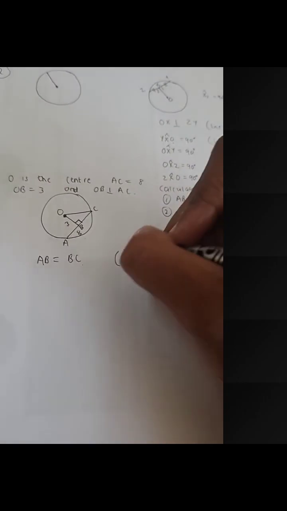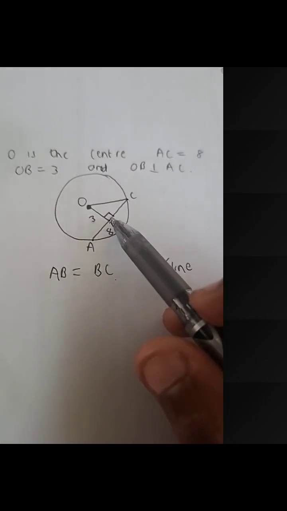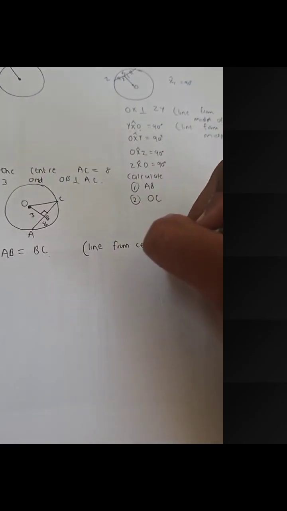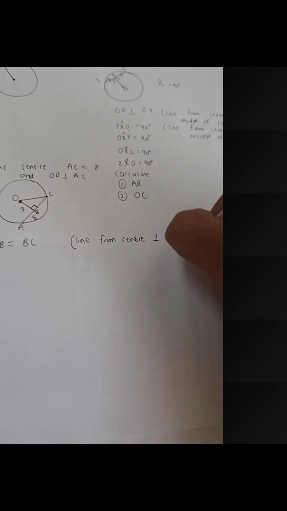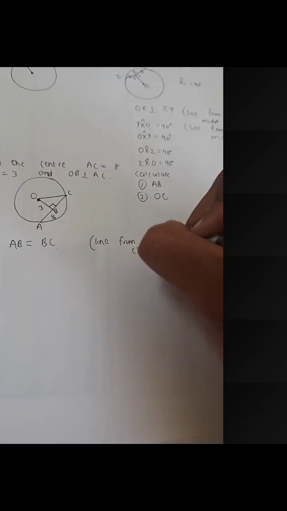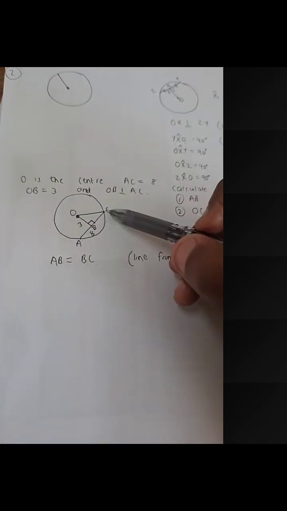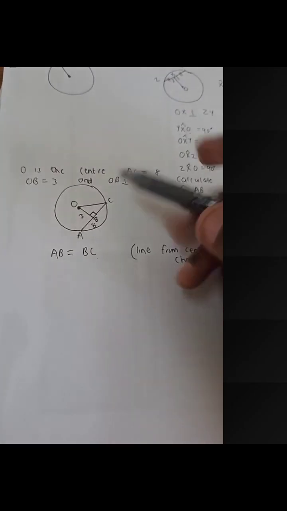Because the reason is contained within the diagram: a line from center perpendicular to chord. Now remember, guys, we were told that AC, the entire AC, is equal to 8.